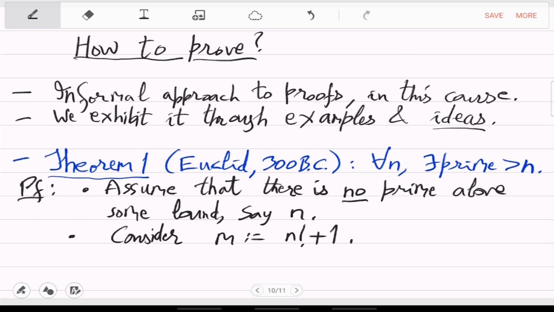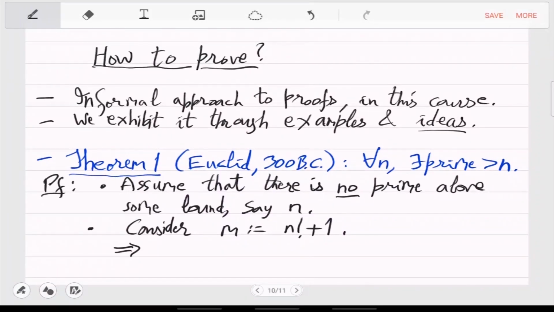So that's the next step. For some people it may be obvious, and for others it may need another line of proof. So depending on where you are, you can fill the details accordingly. But you can safely conclude then that none of the primes up to n can divide m.